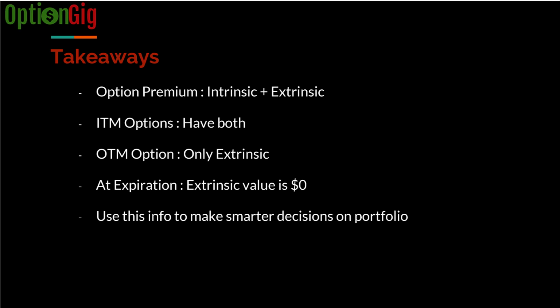And lastly, we looked at how you can use the extrinsic value of your overall portfolio to determine how much the portfolio is dependent on stock movement and how much it is benefiting or not benefiting from just the passage of time. Is time helping you or not? You can determine that by looking at the extrinsic value.